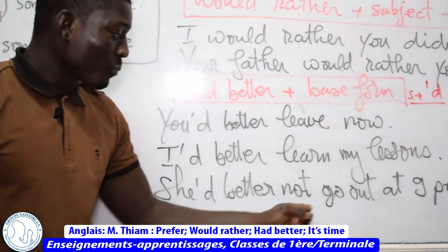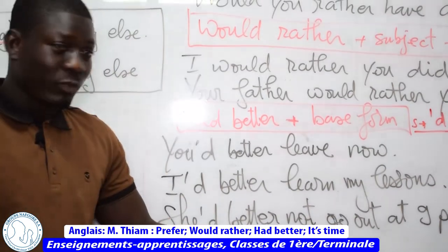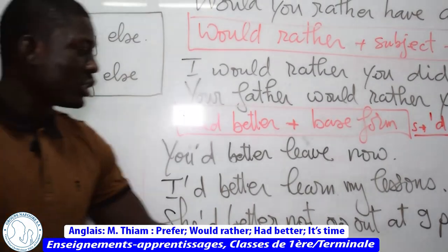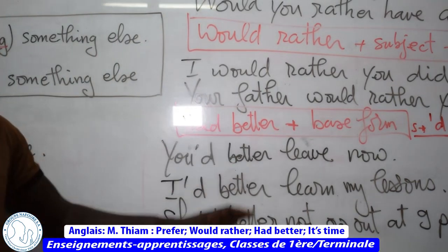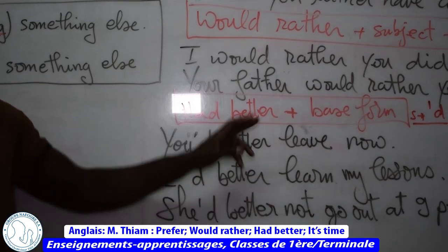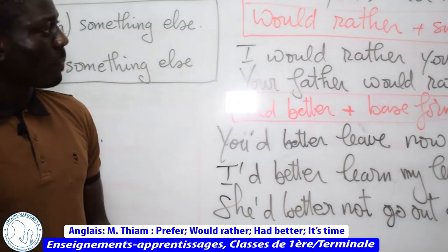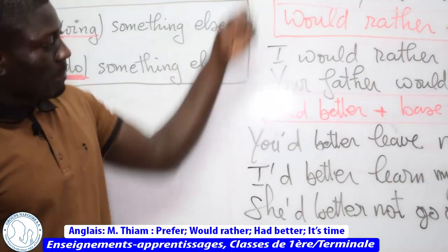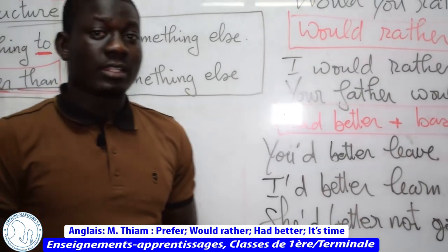Not will not be after the base form, but before it. She'd better not go out at 9 p.m. The use of "had better" is as simple as that. What you just need to do is to remember the structures and not forget them.